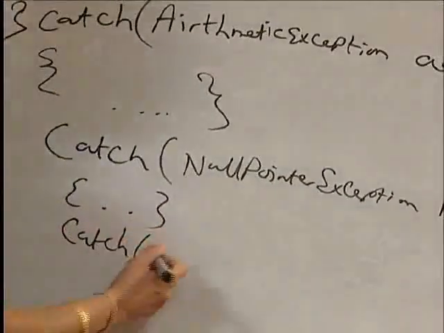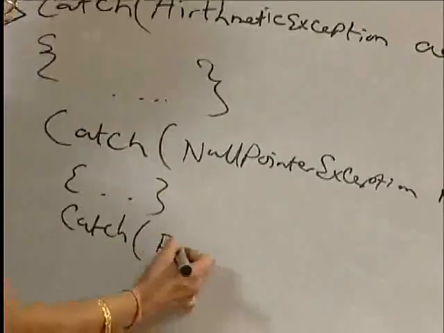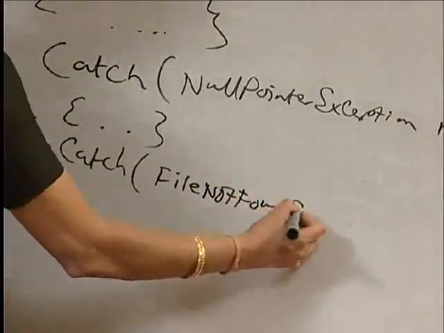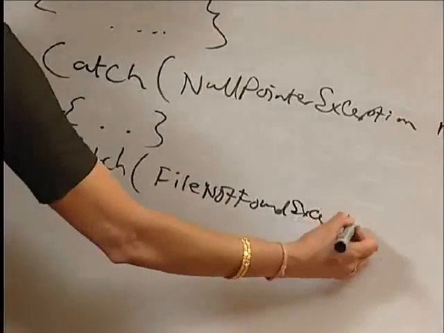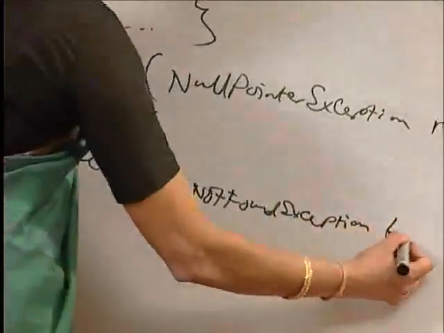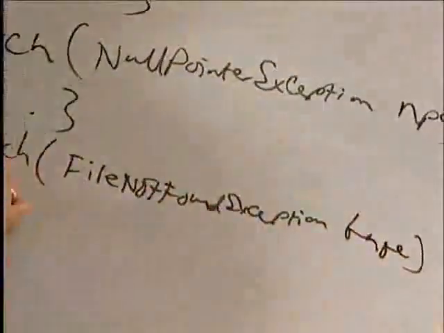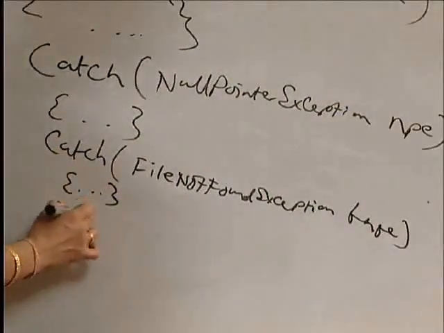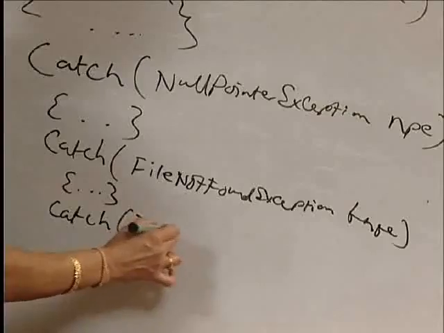I have a catch for, let's say, file not found exception. Then I might have a catch block for IO exception.